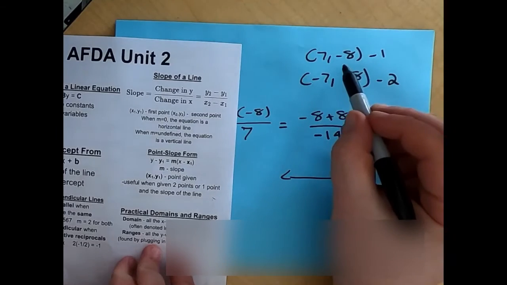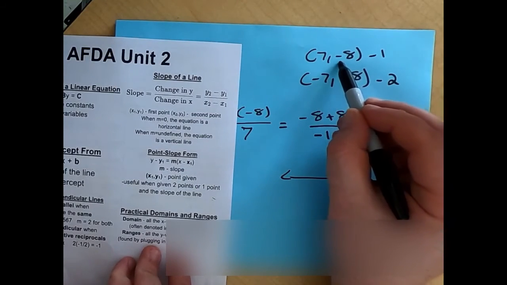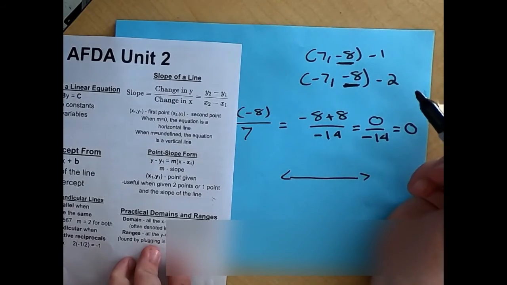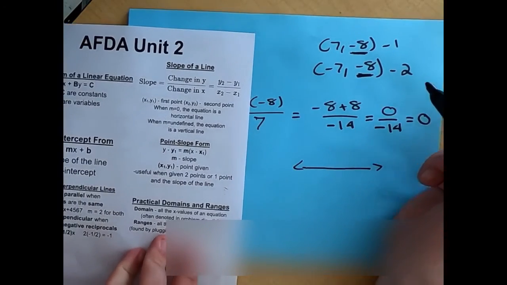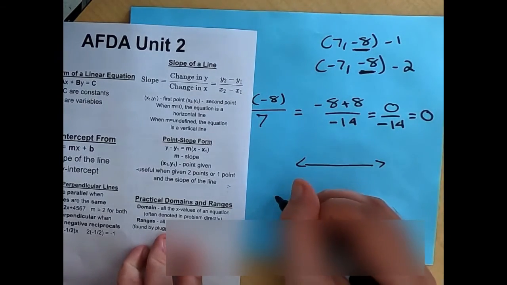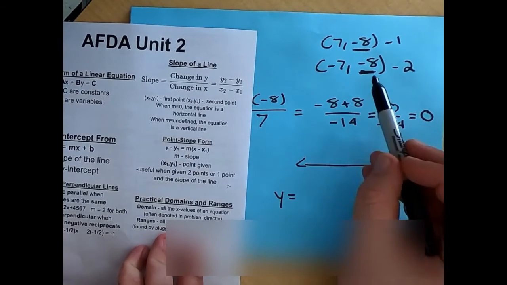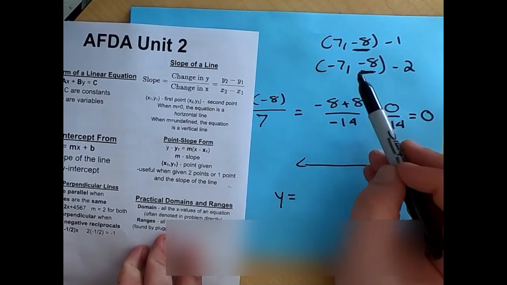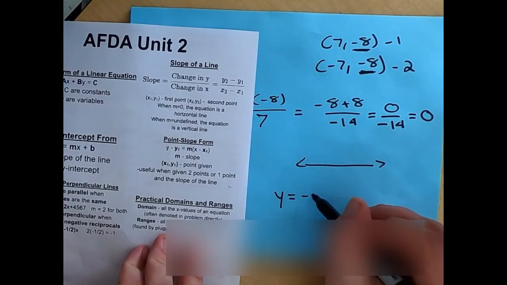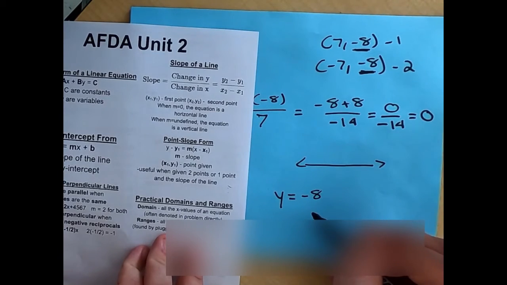And we can see that in the behavior of our 2 points. They have matching y values, right? Different x's, matching y's. So since they have matching y values, we can just say that the equation of the line is y equals negative 8.